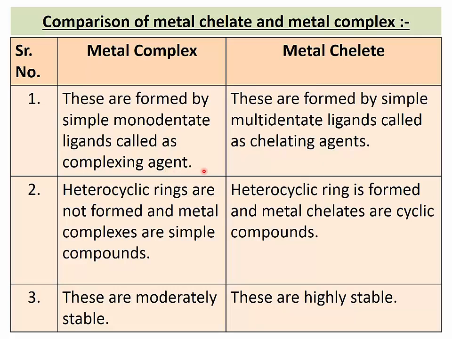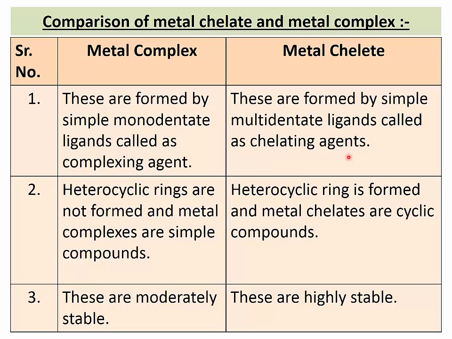For example, fluoride, chloride, bromide, iodide, cyanide are called complexing agents because they are monodentate ligands. Then, metal chelates are formed by multidentate ligands which are called chelating agents.